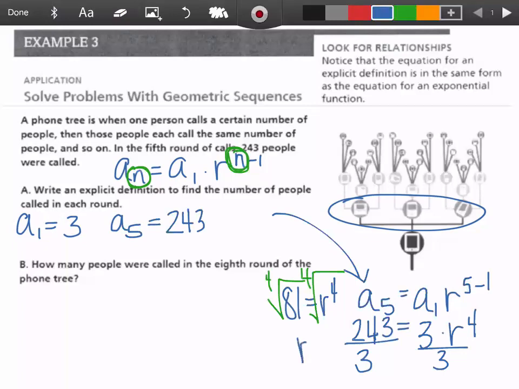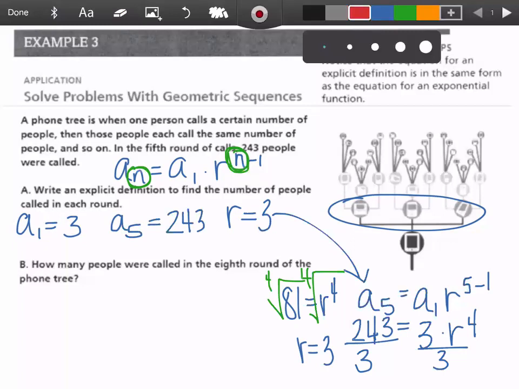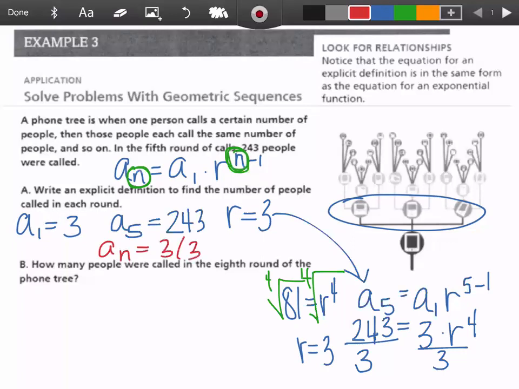So that leaves us with r is equal to 3. So our explicit formula here is a sub n is equal to 3 times 3 raised to the n minus 1 power.